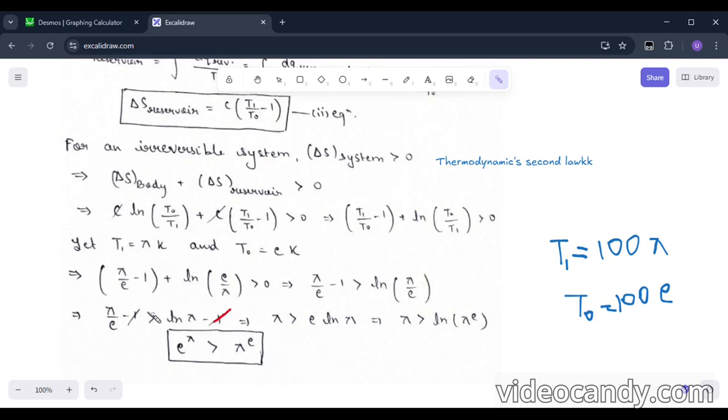Now this minus 1 and minus 1 get cancelled out, and we are left with pi greater than e times ln pi. Now pi is greater than ln of pi raised to the power e, and this is a very basic logarithmic inequality. On solving this, we obtain this inequality, which we have proved with the help of the second law of thermodynamics. So yeah, that was it.